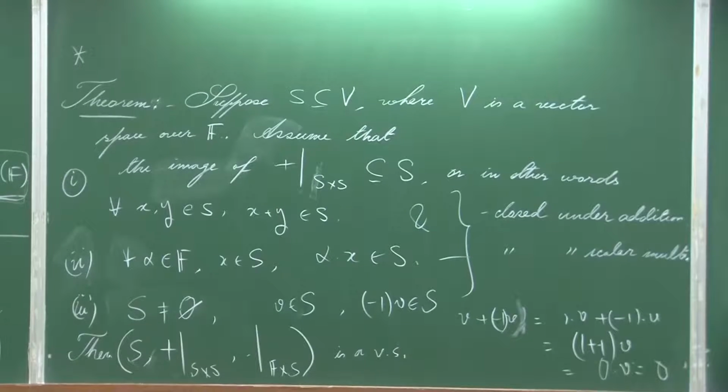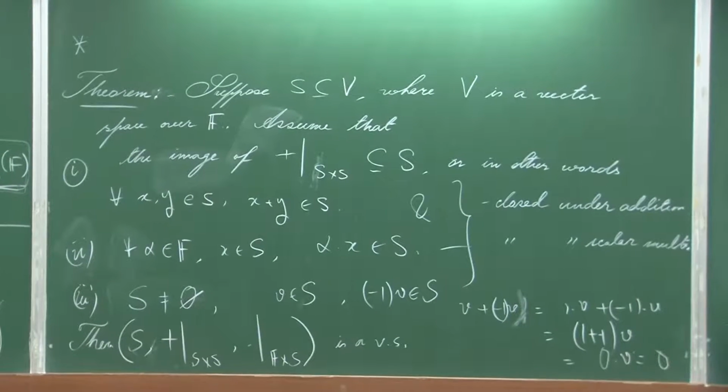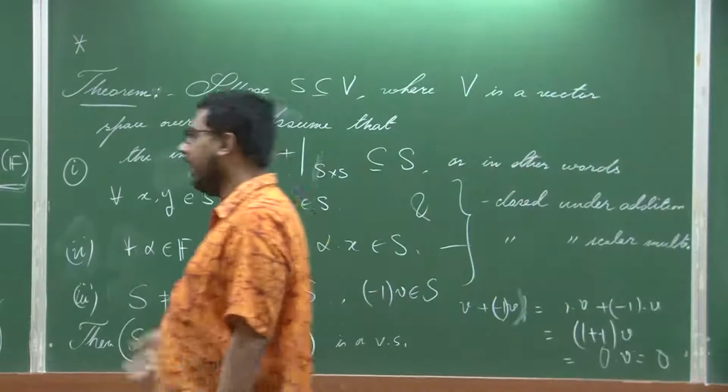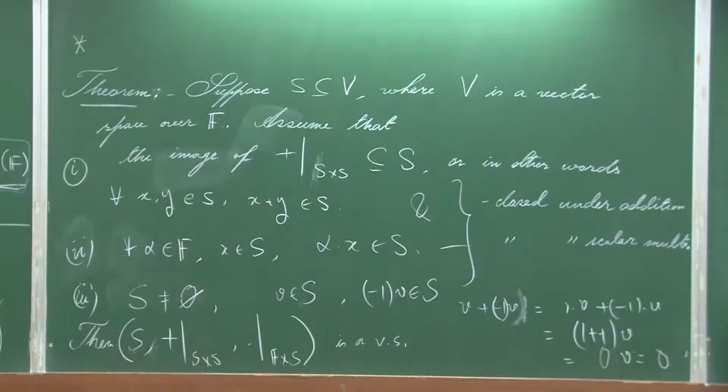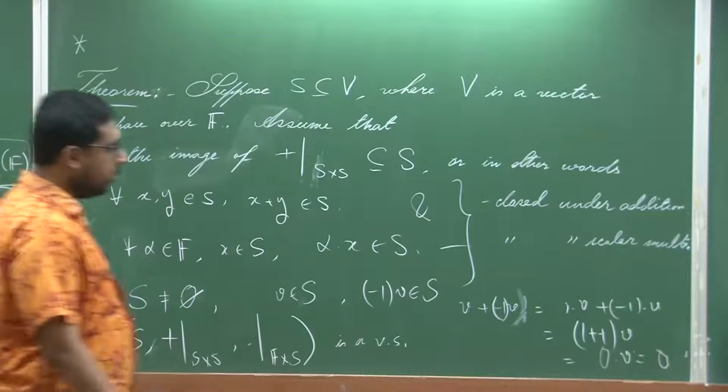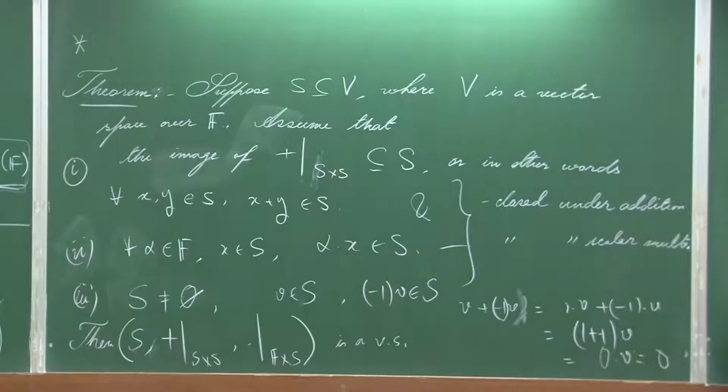This theorem indeed saves our energy for that, so that we can immediately conclude that our collection is a vector space. I hope I made my point clear, that this theorem will help us a lot in the verification of the vector space properties of several examples, because we will find that there is a bigger vector space containing that, and the collection that we are talking about has these three properties.